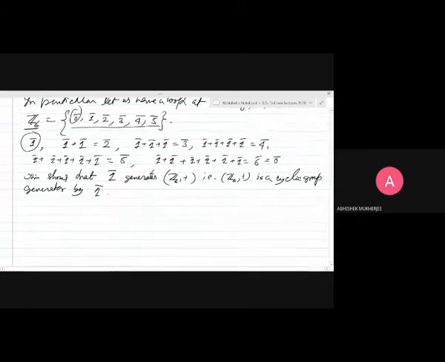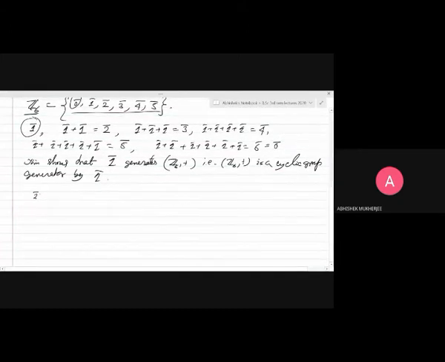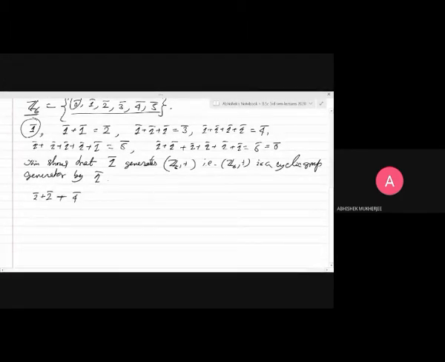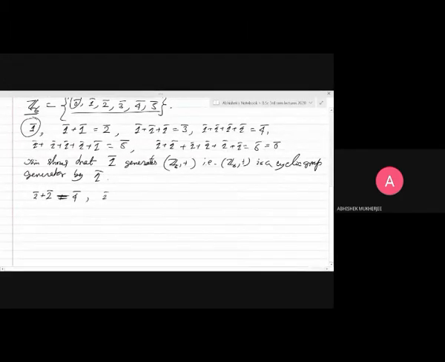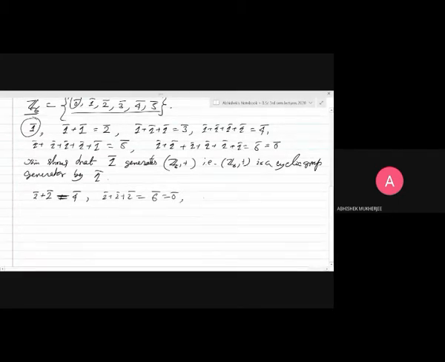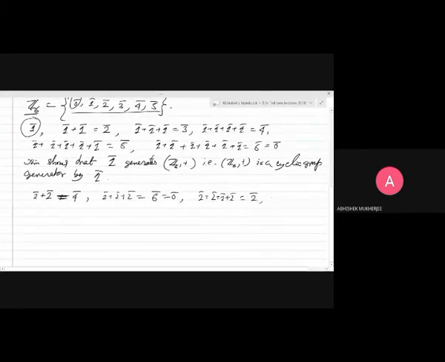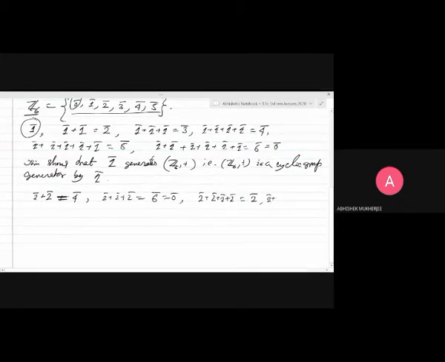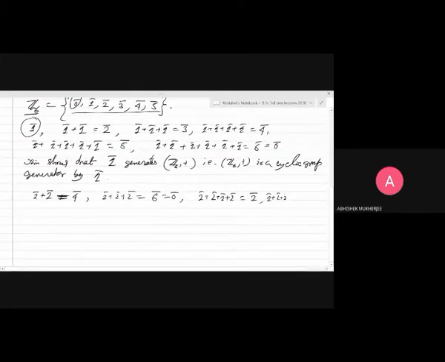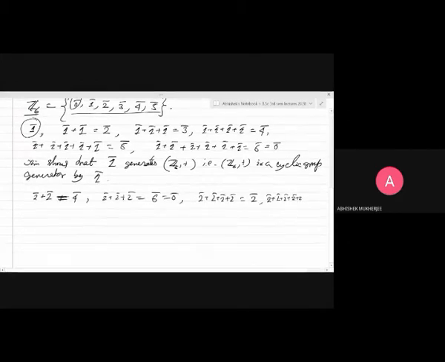Now, if you go to 2 class, then 2 class plus 2 class is 4 class, and adding more, it is 6 class, that is 0 class. Then adding more, it will give again 2 class, and again 4 class.